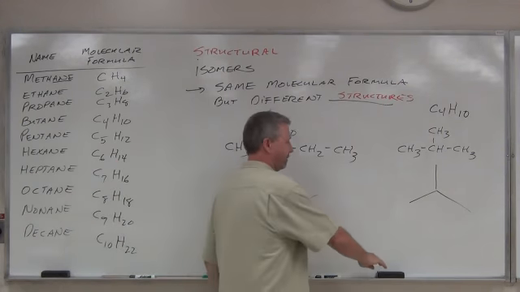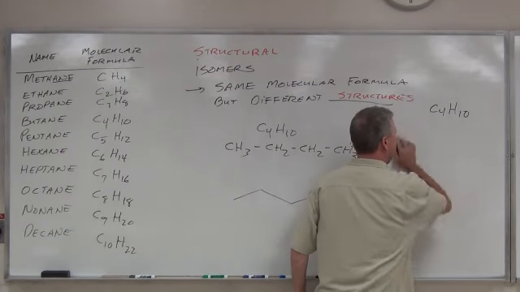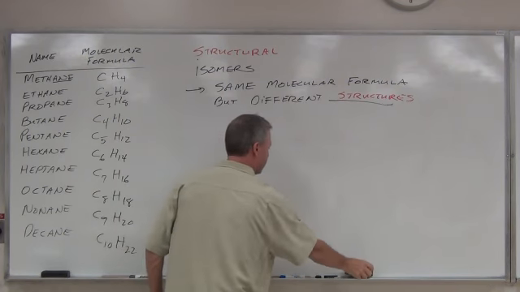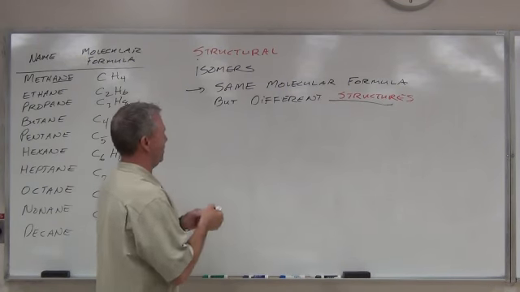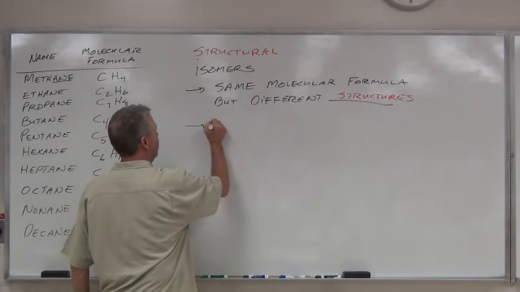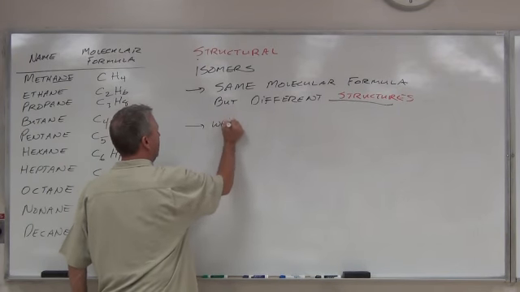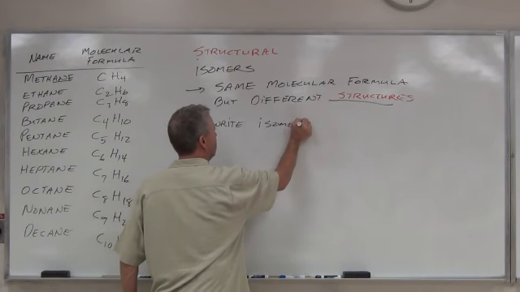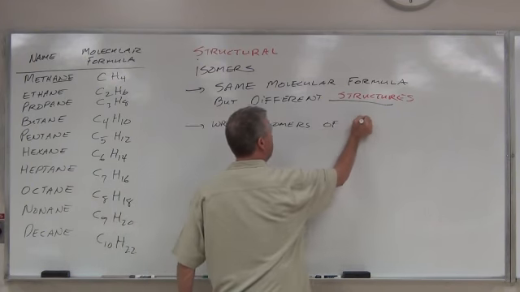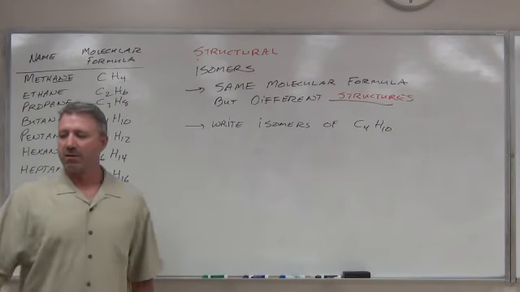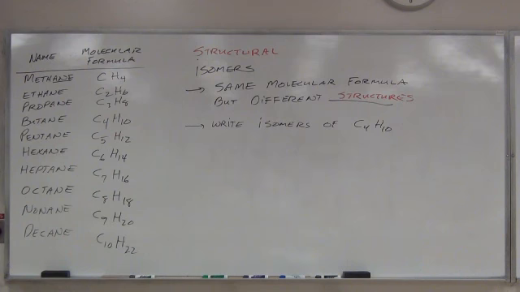How do we get them now? How do we get an isomer? Well, the first thing we do is we have to have a formula, a question, right? So the question would say, write or draw isomers of C4H10. So we have a starting point.